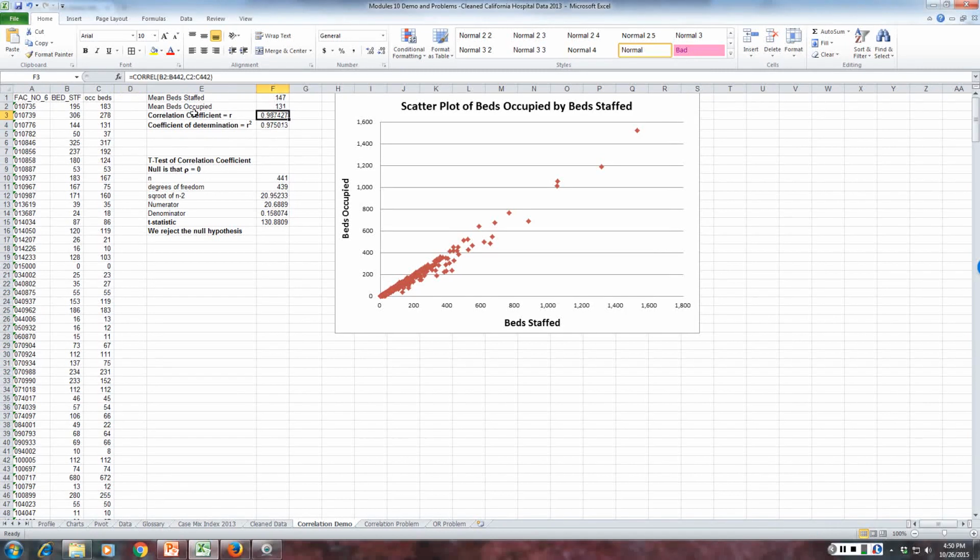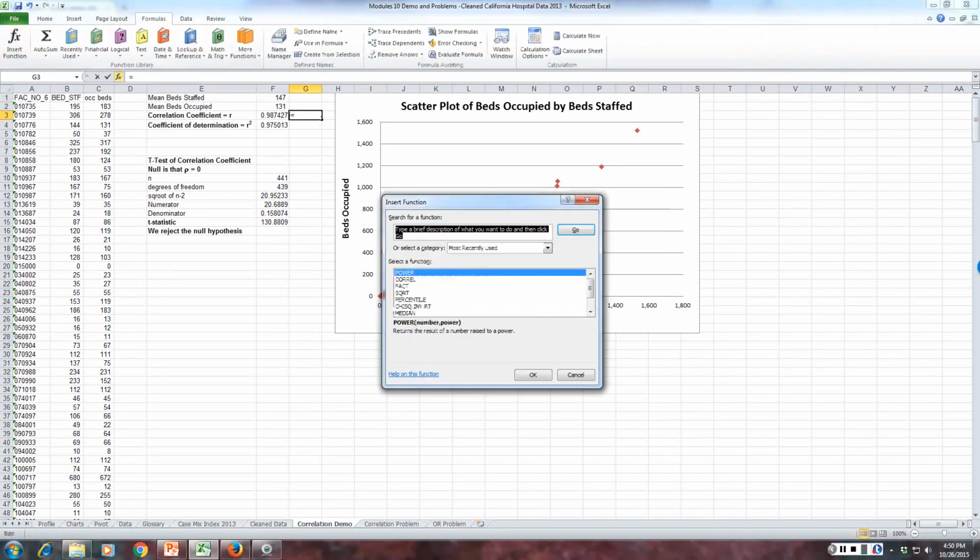What I want to show you for the correlation coefficient is Excel will calculate that for you based on some rows of data. So what you do is you go to the Formulas tab. You want to go to Insert Function. If you just type in correlation here and hit Go, it's going to suggest functions to you.